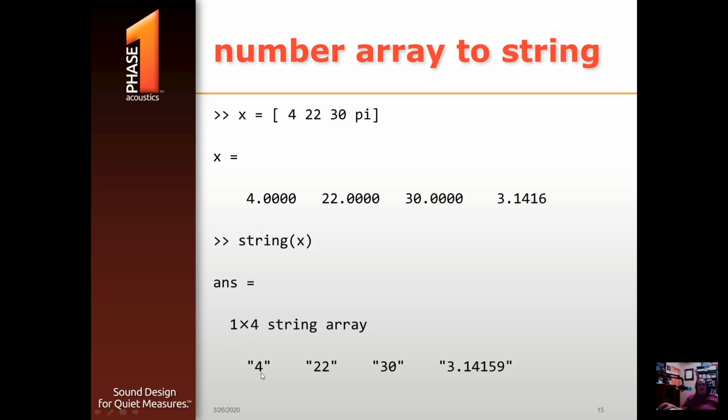So for the first element, if you did a string length, it's going to be 1. The second element is going to be a string length of 2, and then 1, 2, 3, 4, 5, 6, 7 for the fourth element. So there are 4 individual string arrays that have a size of 1, and the string length will tell you how many characters are in each element.